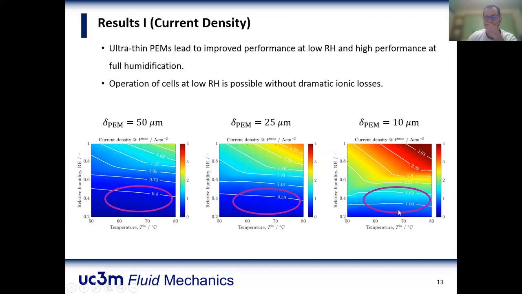So operation at low relative humidities with ultra thin membranes is possible without having dramatic ionic losses. Okay, so that's good.